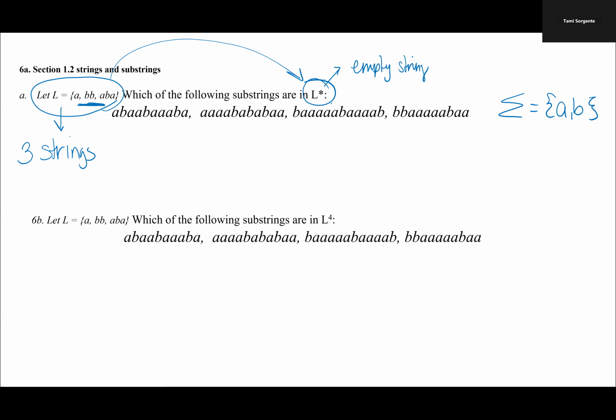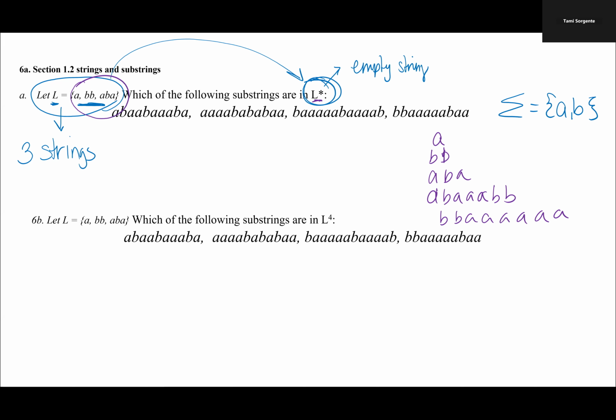Some strings that would be in L star based on this language, let me get a different color, would be A, B, B, A, B, A, also the empty string, A, B, A, B, B, B, B, A. This is an infinite language. Any of the infinite ways that I can combine the strings in my language are part of L star.